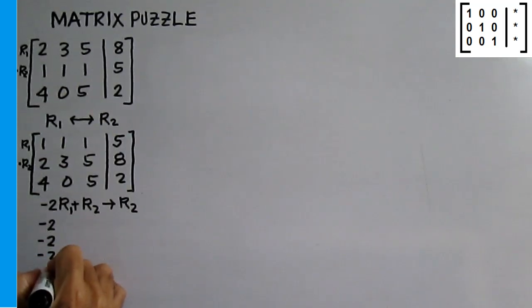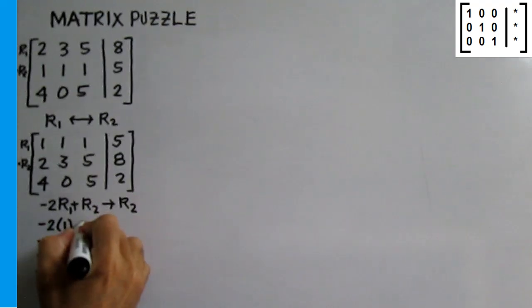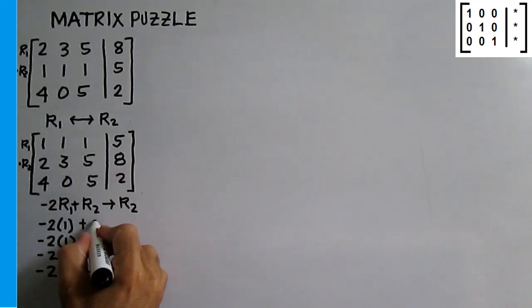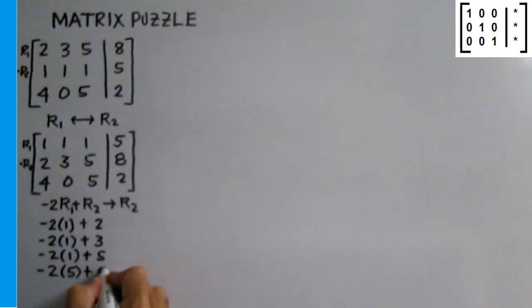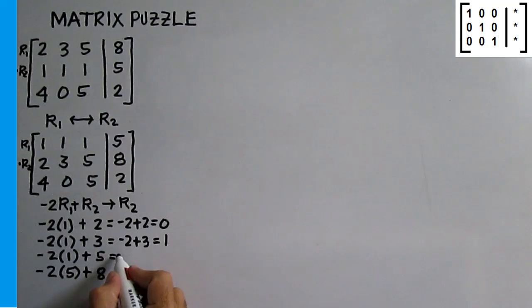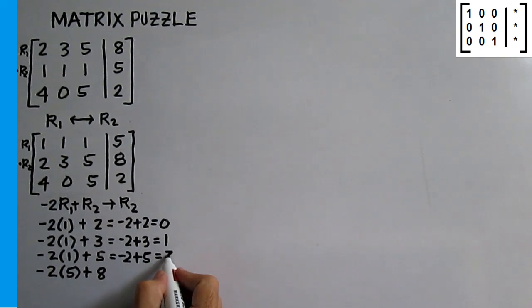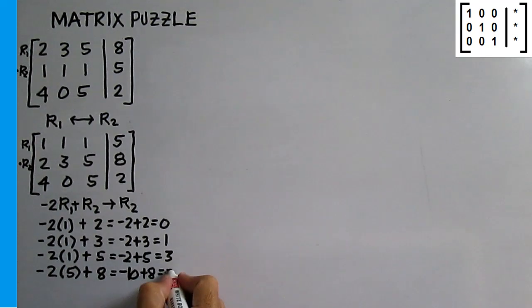So negative 2 times 1 1 1 5 plus row 2, 2 3 5 8. This is equal to 0, 1, 3, and negative 2.